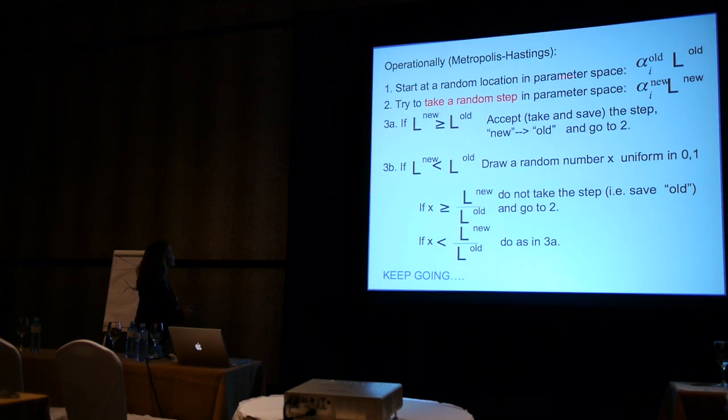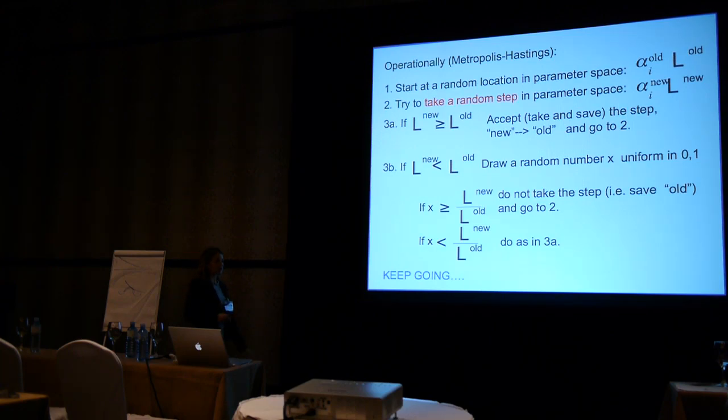So you start at a random location in parameter space, which you call alpha old, a set of cosmological parameters, and you compute your likelihood old. Then you take a random step in parameter space. If this floor is the parameter space, you just take a random step. Now you have your new parameters and your new value of the likelihood.